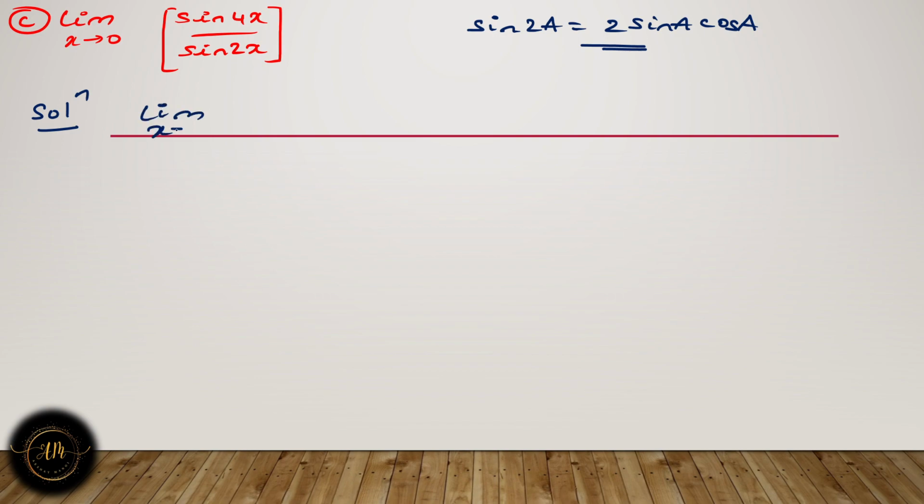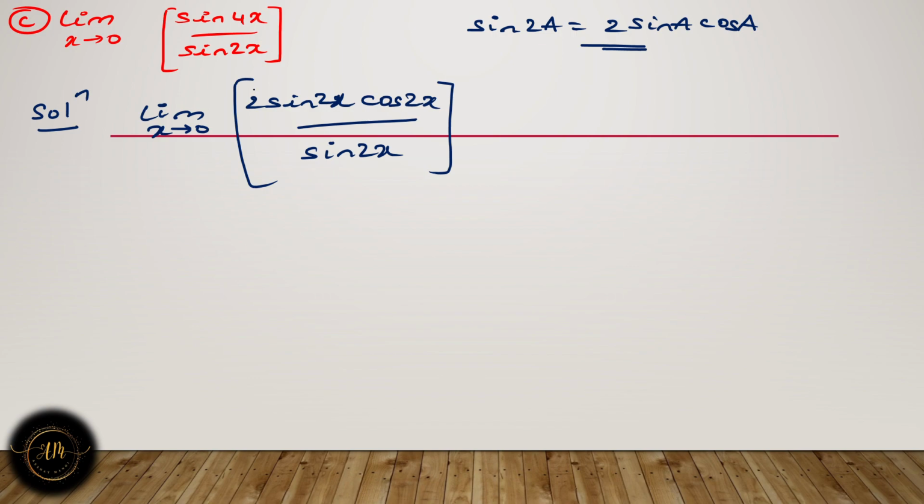Limit as x tends to 0, sine 4x is nothing but 2 sine 2x cos 2x, divided by sine 2x. Why am I simplifying like this? If I just substitute 0, it will become 0 by 0 form, again an indeterminate form.